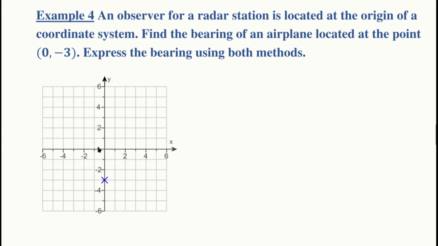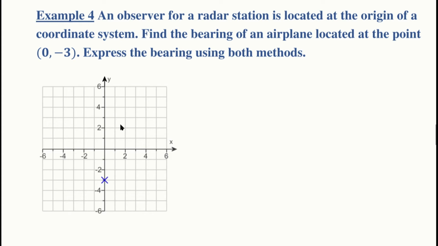All right, so notice that if we're going to use the method which utilizes only one degree measurement, we always have to measure that from the positive, well, in this case, positive y direction, which is basically the north direction. So from there, we rotate clockwise 180 degrees, right?